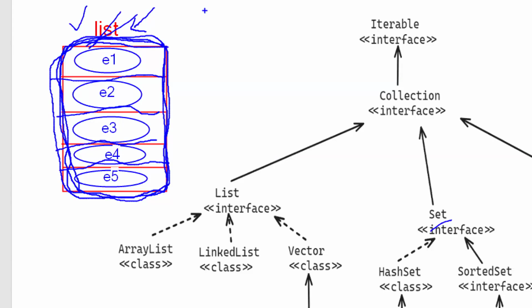So what is a collection? A collection is a group of objects which are called elements.